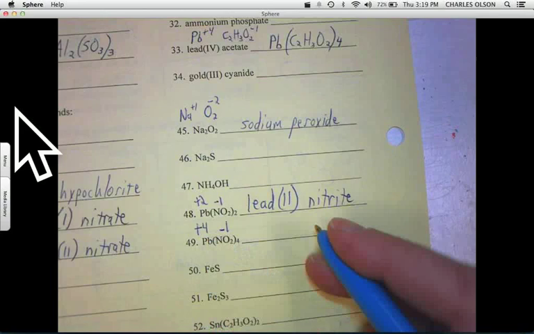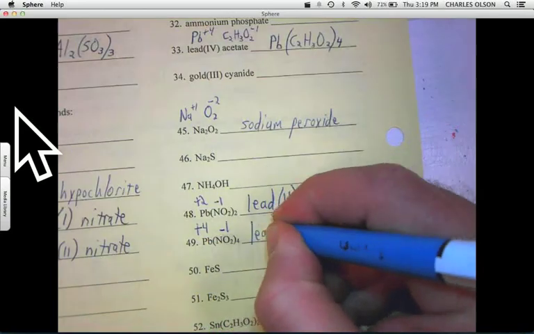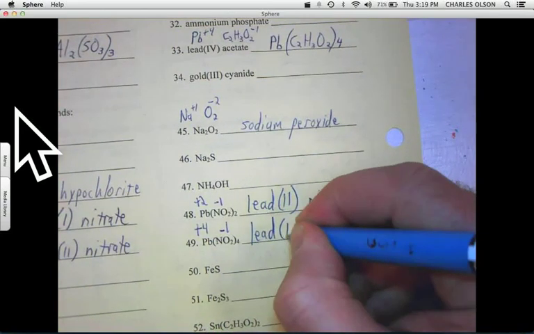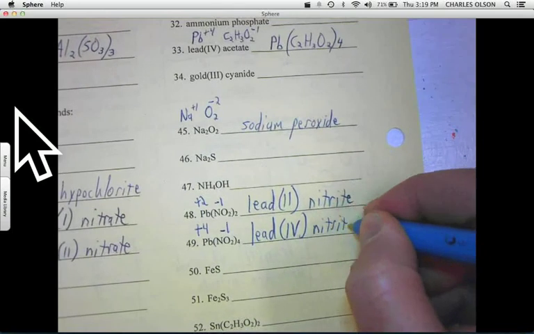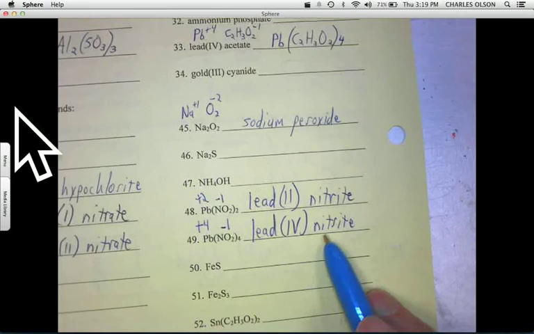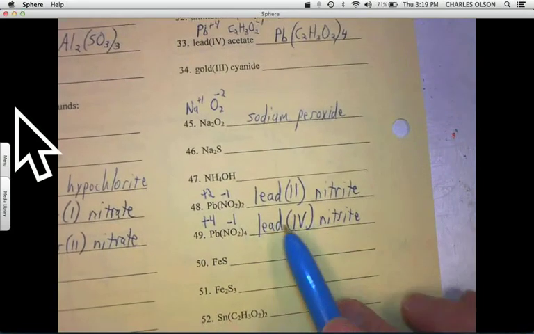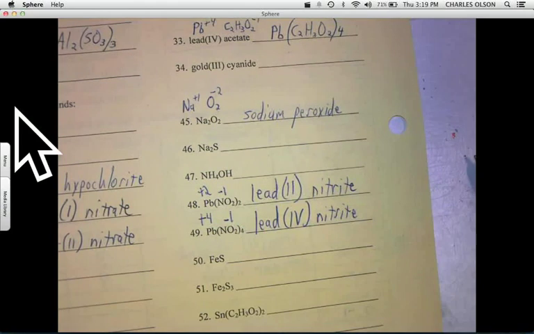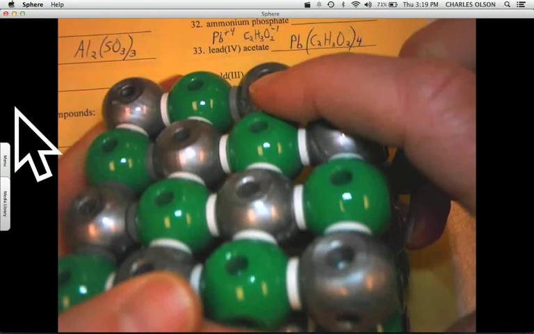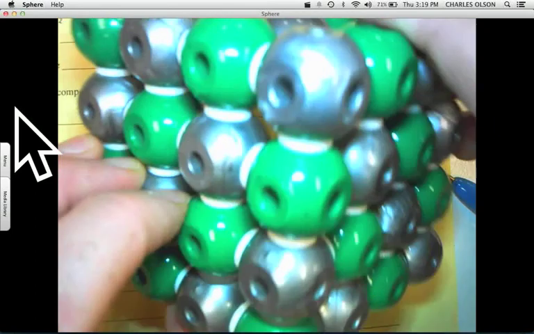So this would be a different compound with different properties, lead Roman numeral 4 nitrite. Now, any ionic compound is going to have a balance between the pluses and minuses, because that's how ionic compounds hold together. Plus attracts minus, minus attracts plus in this model of an ionic compound.